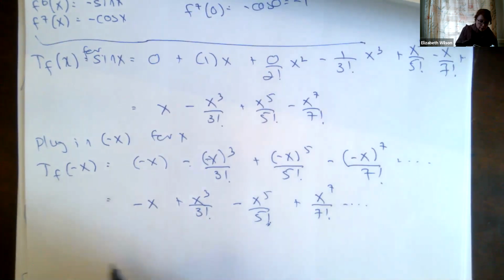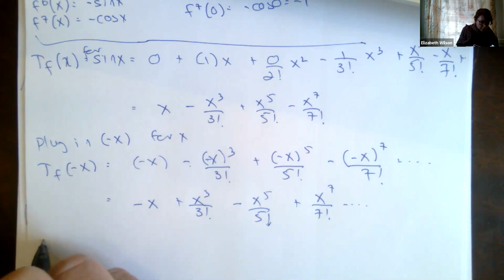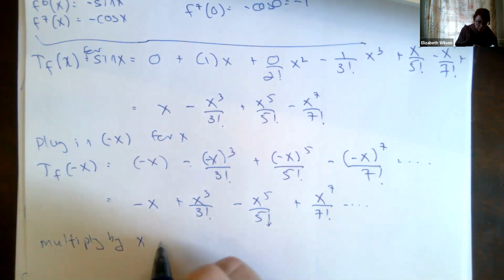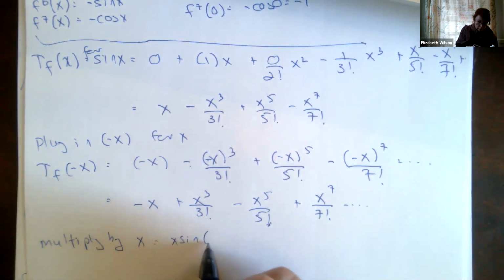So now our next step is we're going to multiply by x to get x sine of minus x.